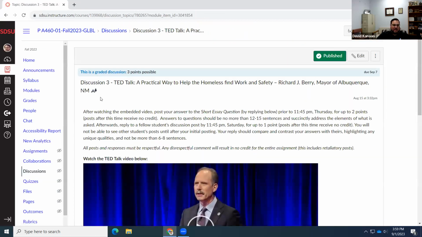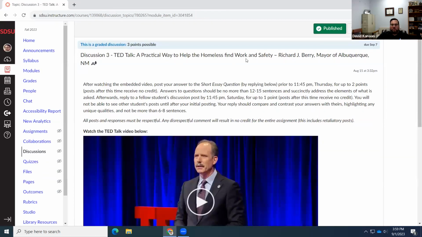Then TED Talk 3, a practical way to help homeless find work and safety. This is important because for the second half of the semester, you're going to be working, either by yourself or with your group members, on your policy worksheets. I give you an example for each worksheet, which you should really pay attention to in the second half of the semester if you want good grades.